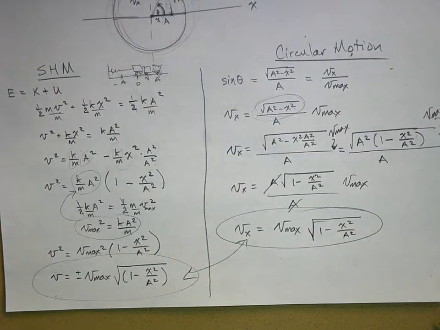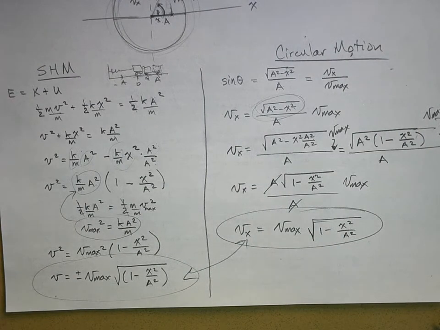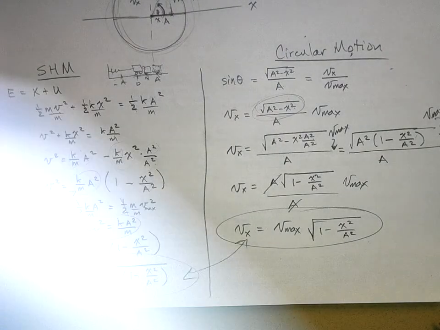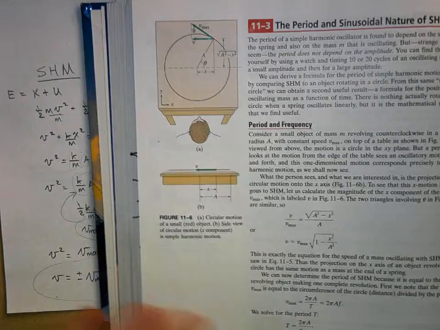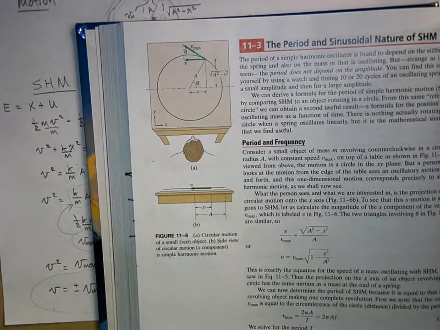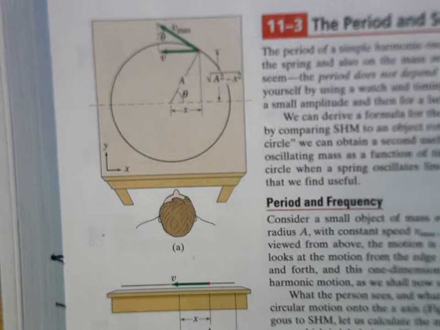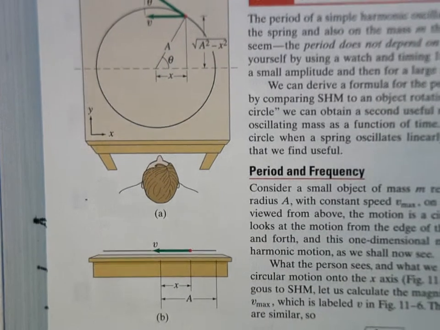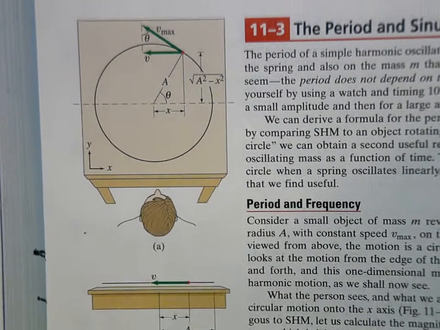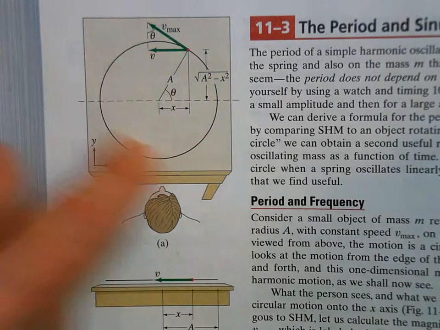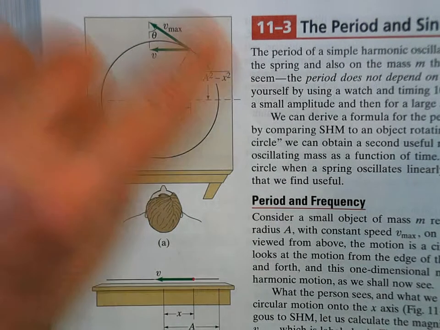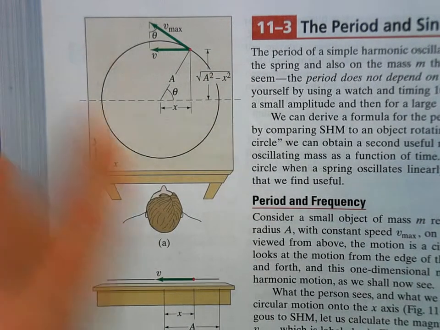Now, here's what you have to imagine. I got this diagram from the book. Here's the book. Let's zoom in. Okay, now check this out. So here's a tabletop, and there's some object that's moving around in a constant circle at constant speed, uniform circular motion.